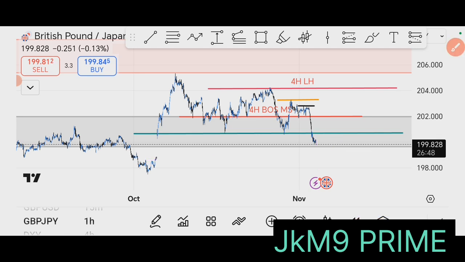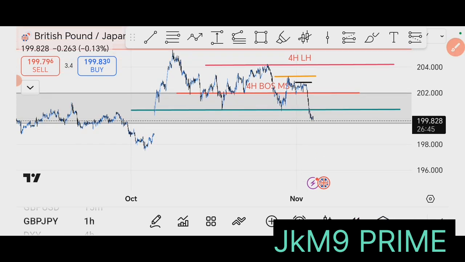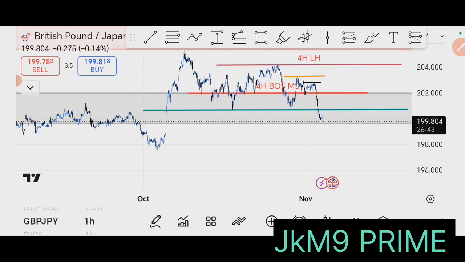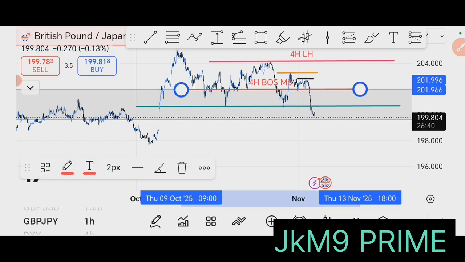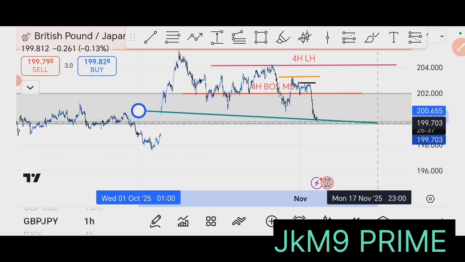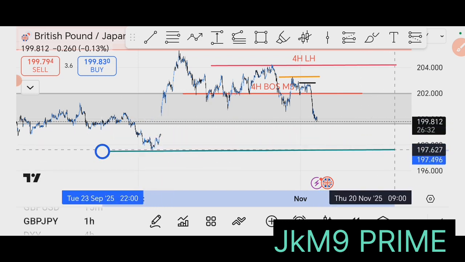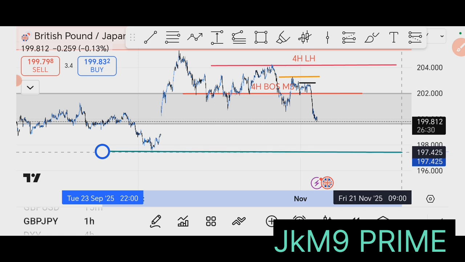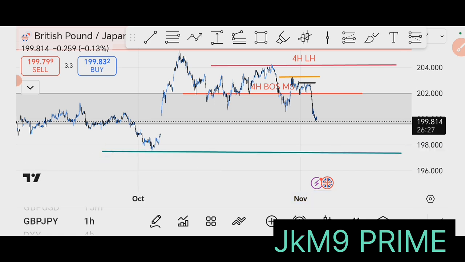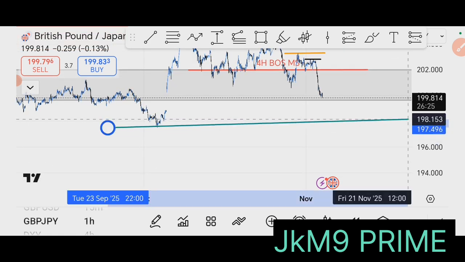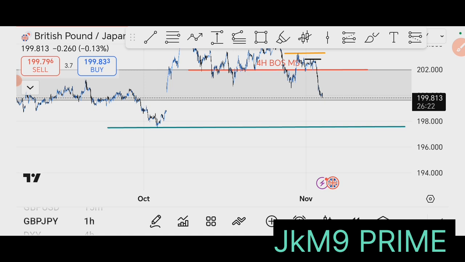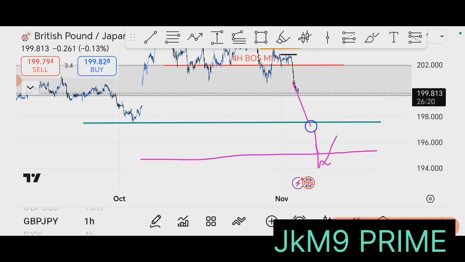Okay, based on that, this zone is now not a support zone, so the next support is here, based on the price movement. The next strongest support is here. If price breaks this level, it's going to sell. So until price breaks this level, it's considered a buy only.